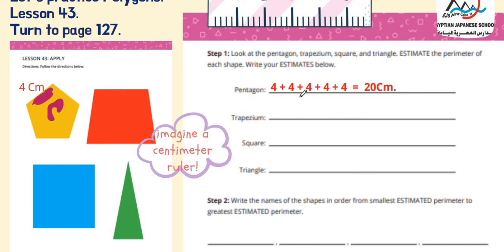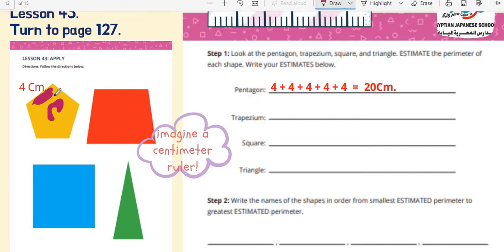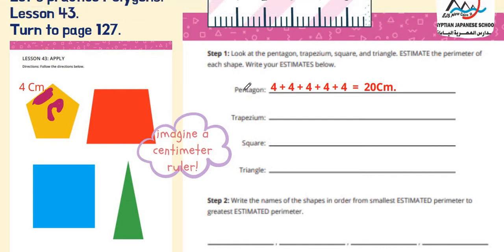Pentagon, 4 plus 4 plus 4 plus 4 plus 4. I estimate this side is 4, and all of the sides of this pentagon are equal. So I said the perimeter of this pentagon is 20 centimeters. I said this; you said another thing. Okay, as you like, as your vision.